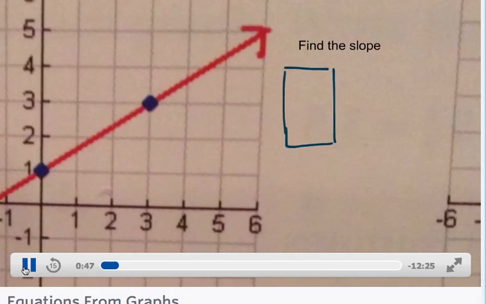So what I'm going to do to find the slope is I'm going to make an XY chart. And I'm going to find the x value of this point right here.